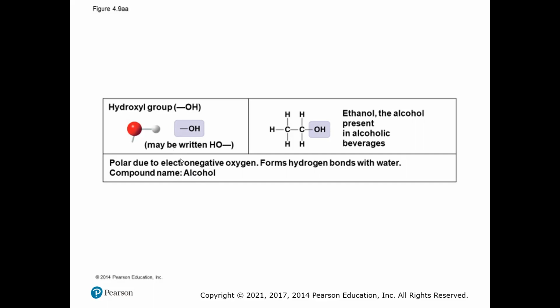The compound name is alcohol, and a specific name usually ends in -ol. So compounds that contain a hydroxyl group are named alcohols, or with -ol, which indicates that the molecule has a hydroxyl group.